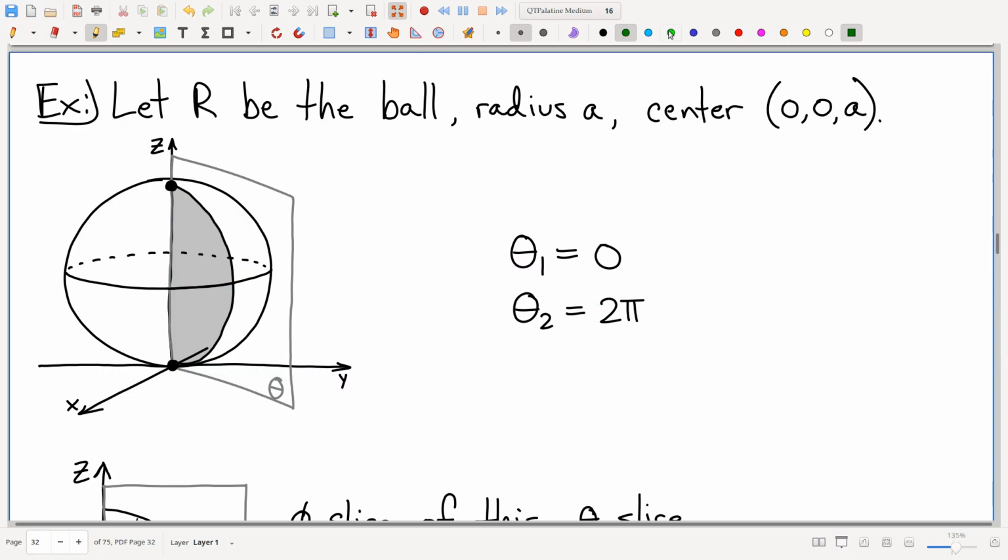Now we're going to restrict our attention as usual to a theta slice, and here's one of my little hacks. We're going to start thinking about phi values, and part of the problem is that what we're looking at here is kind of a scant picture of this theta slice, and angles don't look right.